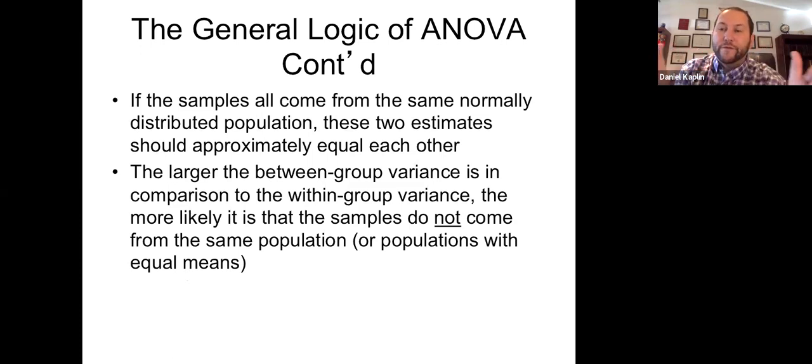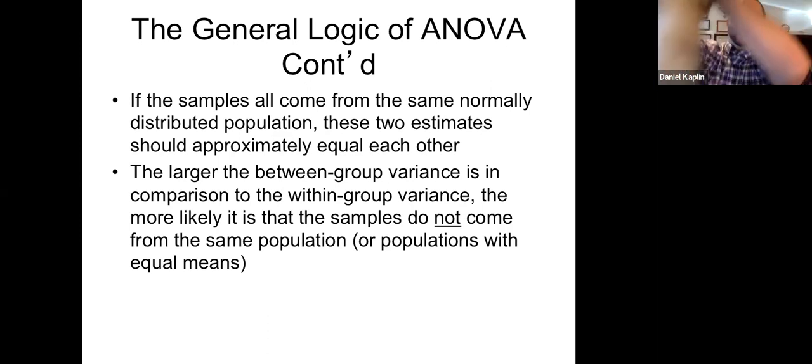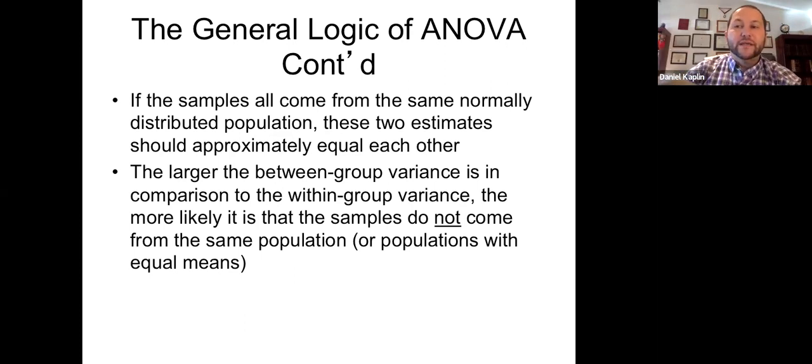And the farther these differences are, the larger the between groups variances. The larger the between groups variances are, the more likely they are coming from different populations, or what we would say is there are real differences between the groups, or we can feel more confident rejecting the null.